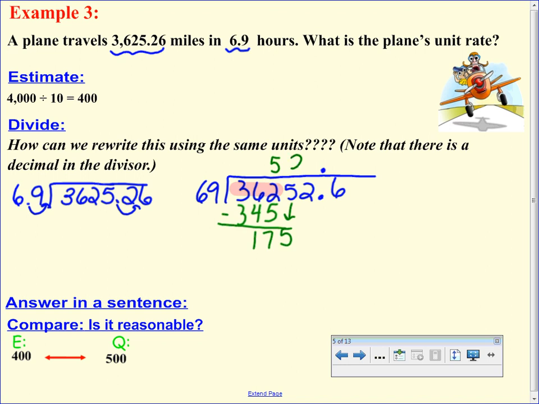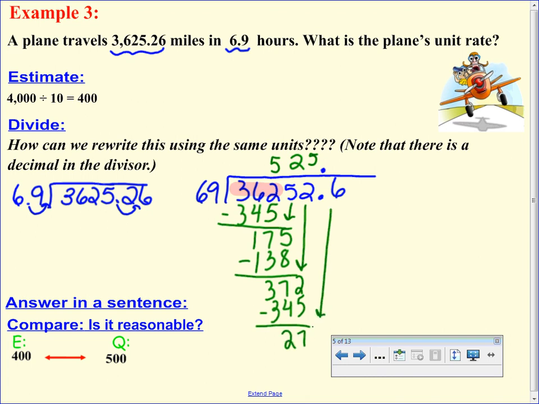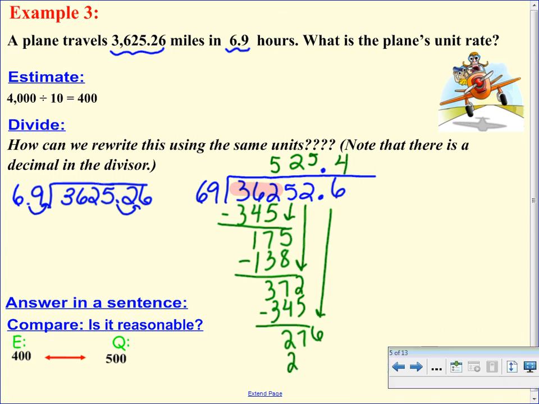Graph paper is definitely going to be your friend. Once you have 0 as your remainder, you can stop.